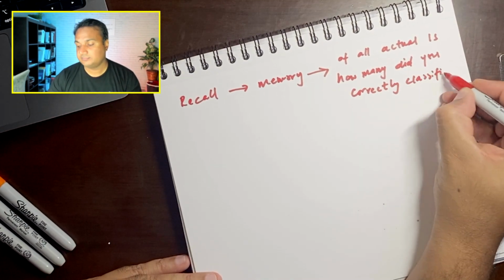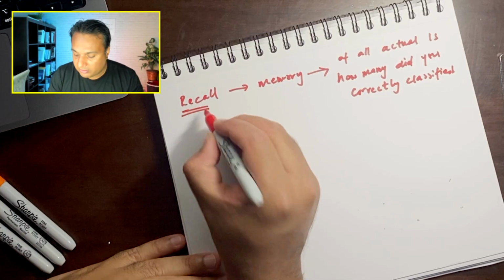It is asking of all the ones in the data, how many were you able to correctly recall? So this is where the word recall comes in, and this is what it intuitively means. If your actual data had 10 ones, then of all those 10 ones, how many was your model also able to say were ones?